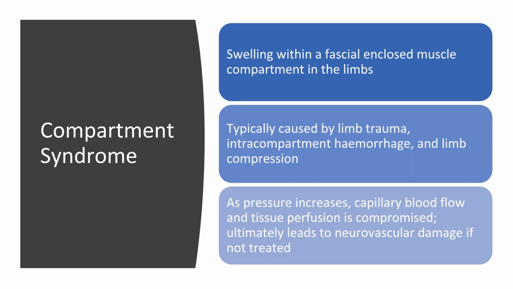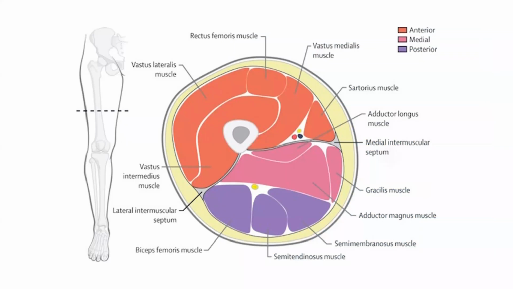Here's some anatomy. If you're looking at the thigh area, we have 3 compartments, so anterior, medial, and posterior. When you're looking at compartment syndrome in the thigh, it's most likely going to be in the anterior region because that's where all the major blood vessels are.